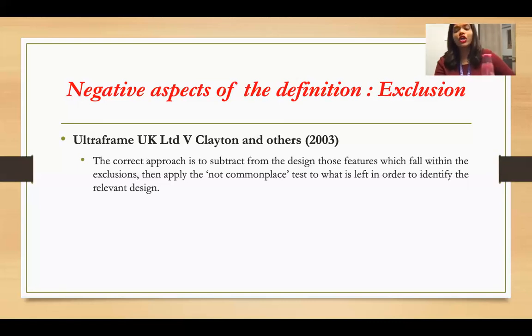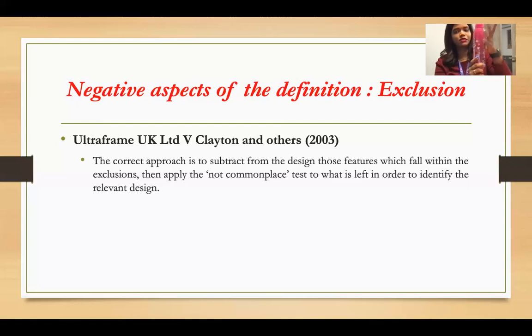Now, how are we going to decide if there is an exclusion in the article? I'll tell you this method. Say you take the article in front of you. Whichever parts of the article fall within the exclusion, whichever fall within section 213(3), you take them out. For example, if this cat falls within the exclusion, you take it out.